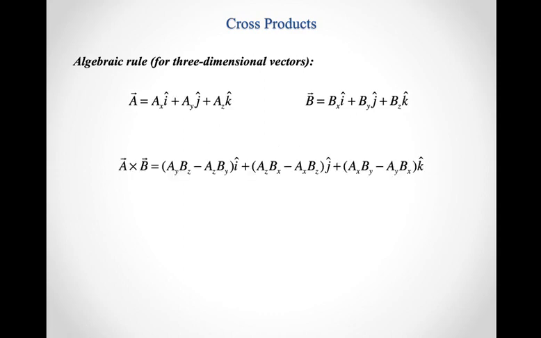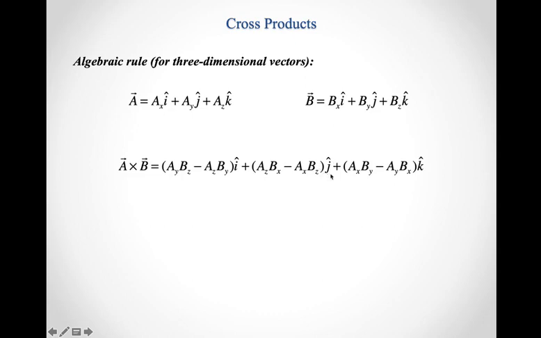If I have three-dimensional vectors, so now we have some z component for both vector A and vector B, notice that I have the same piece for the z component of the cross product that I did when AZ and BZ were both 0. What I've added is two other very similar looking rules to get the x and y components of the cross product. The x component depends on the difference of products using the y and z components of my initial vectors.